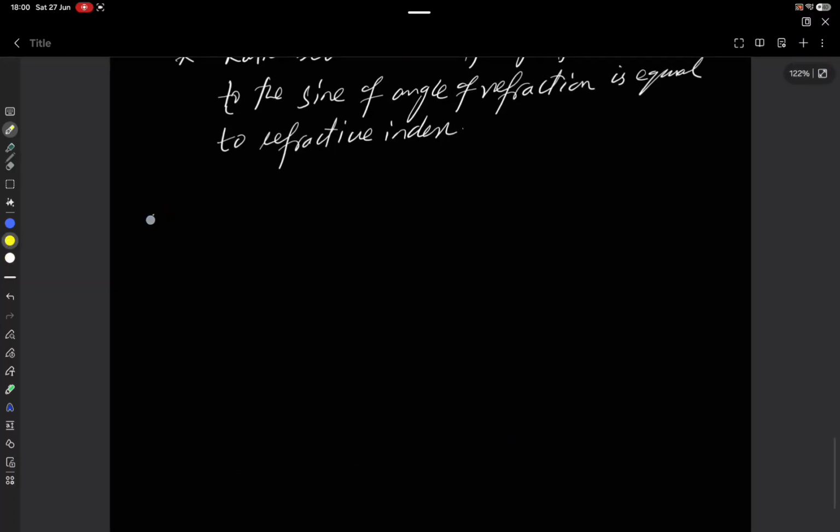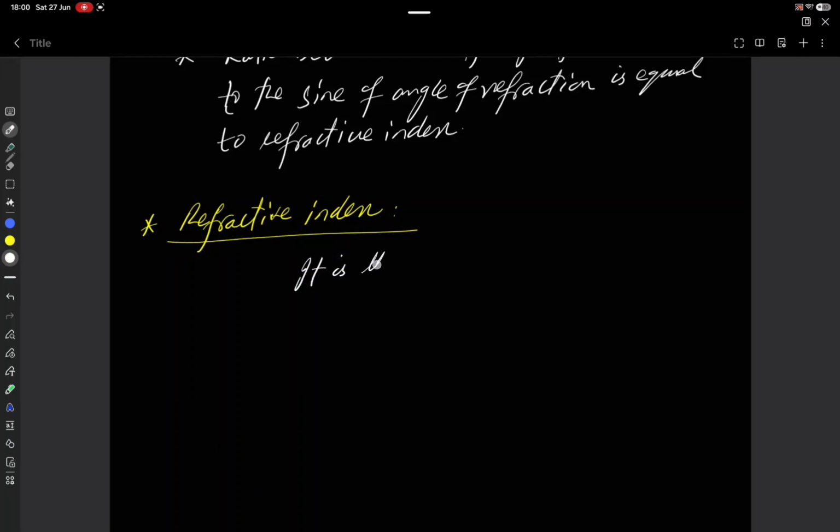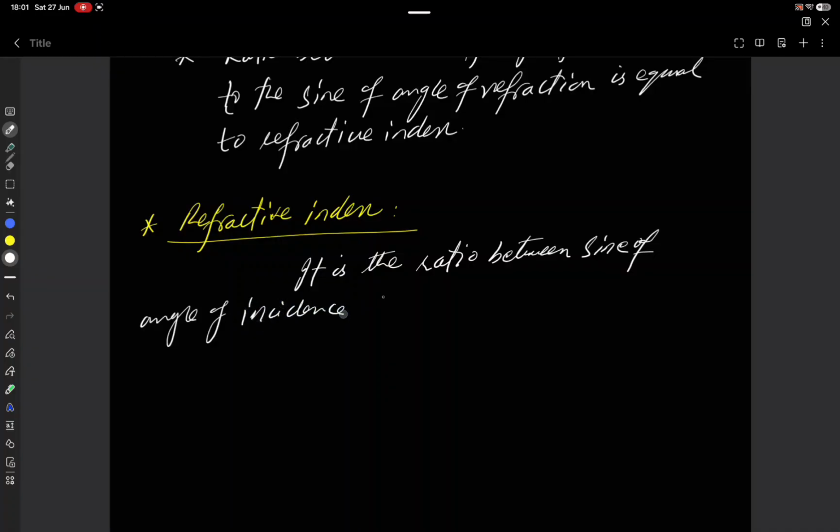Now, refractive index: how do we define it? It is the ratio between the sine of the angle of incidence and the sine of the angle of refraction.